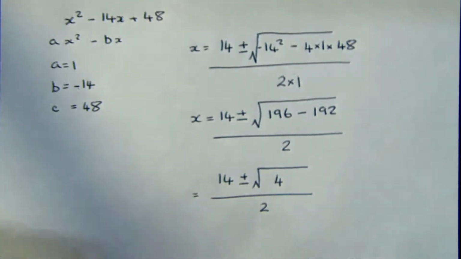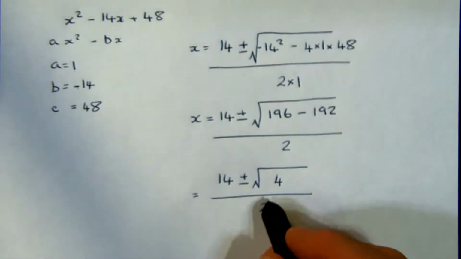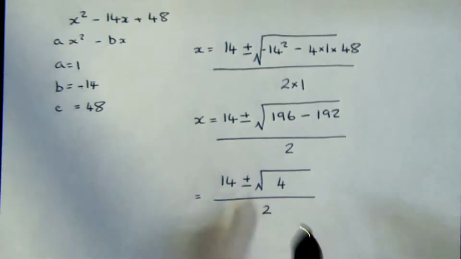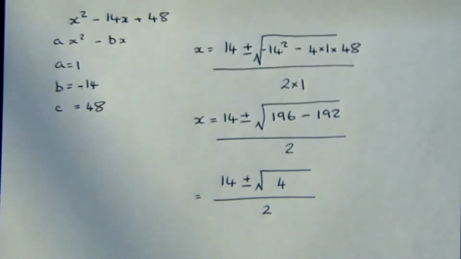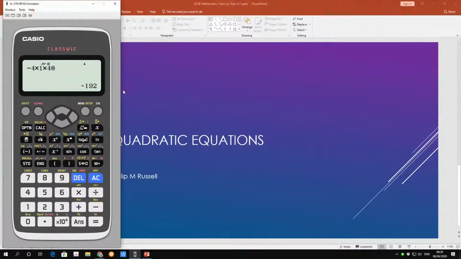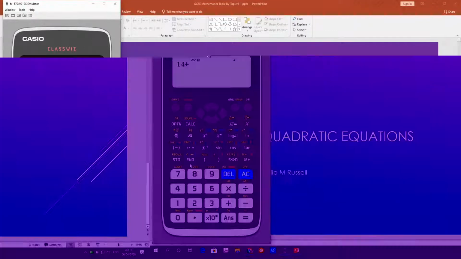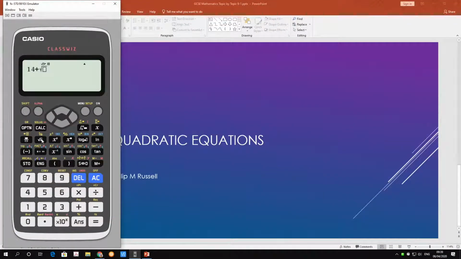What I can then do is put this into my calculator. So let's try that. I'm going to have my sum, which is going to be 14 plus or minus. I can only put 1 in, and then it's going to be the square root of, not my fraction, I didn't want that.